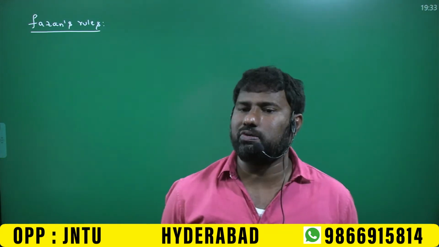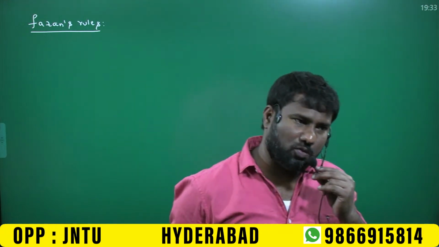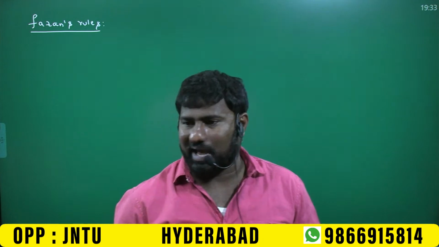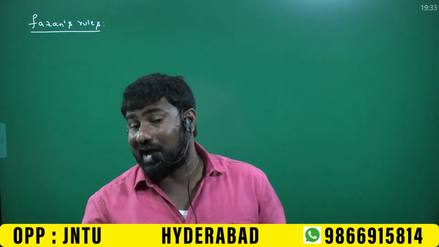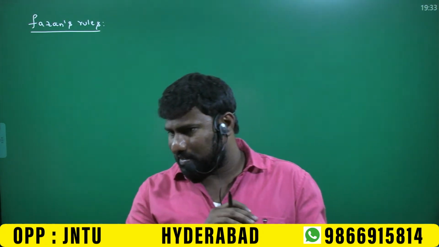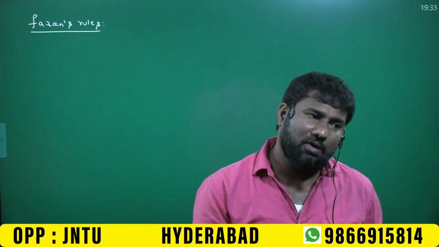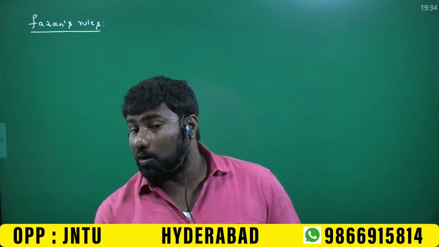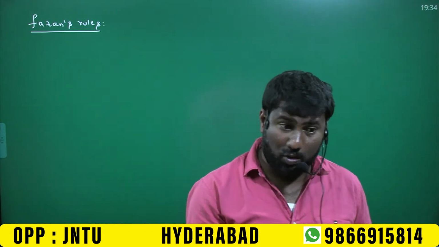Fajan's rules main use ఏంటంటే, if you take an ionic compound, the ionic compound still contains some percentage of covalent character. That means no ionic compound is 100% ionic. ఏ ionic compound తీసుకున్నా అది 100% ionic characterతో ఎప్పుడూ ఉండదు. But there may be a compound with 100% covalent character, the bond formed between two identical atoms, as we discussed already, like H2, N2, O2, F2.